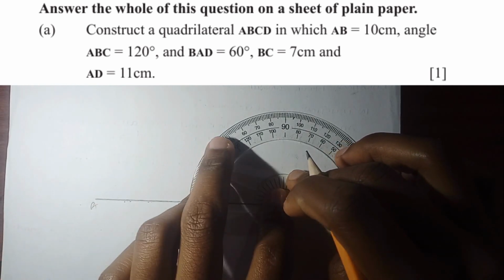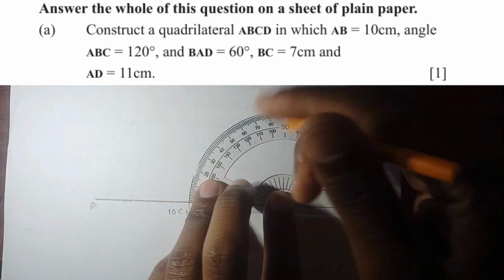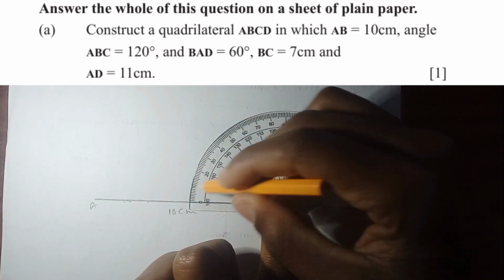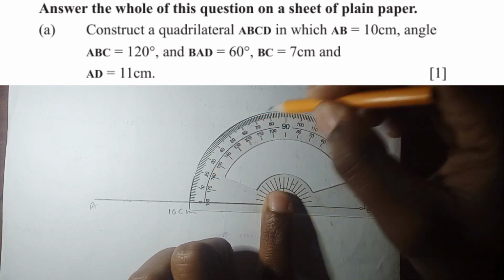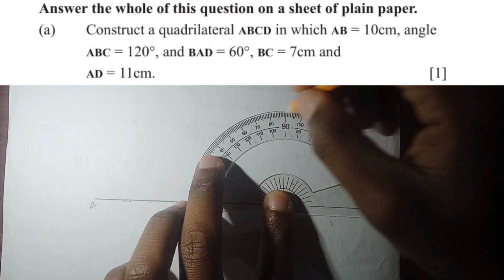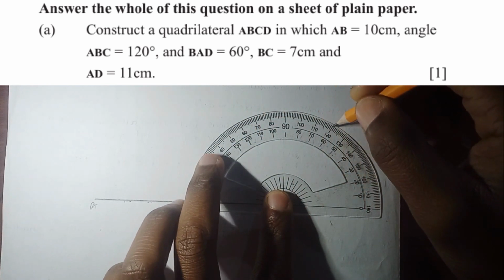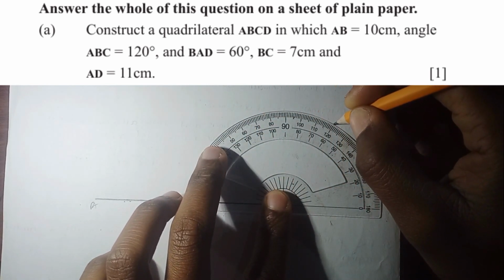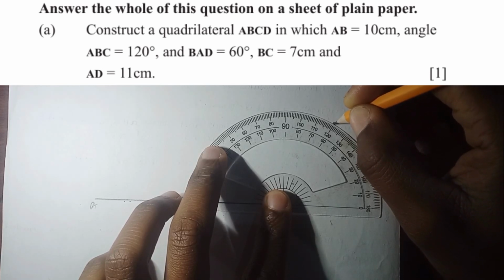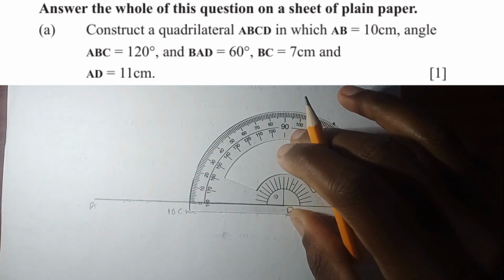Then we measure 120. The angles are increasing from the outside part of the protractor, 0, 10, 20, all the way to 120. We indicate 120 with a dotted line.